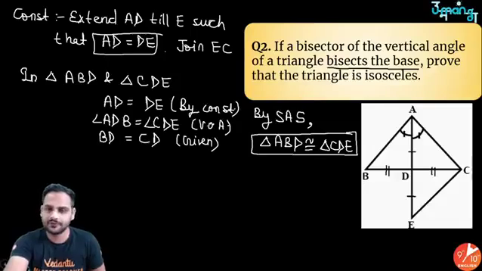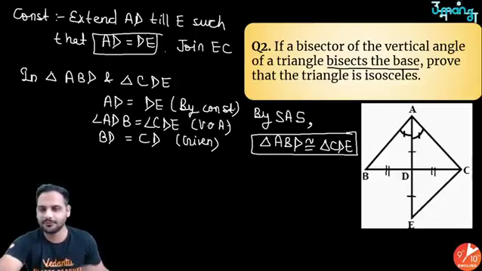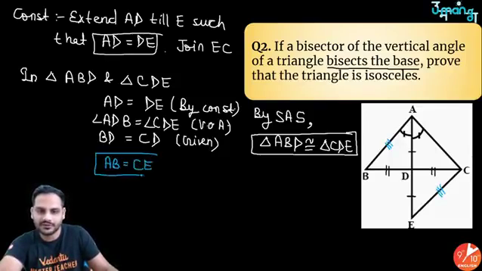Now, if they are congruent, I am getting two things for sure. By CPCT, first thing, AB is equal to CE. This is my first equation. Remember that.